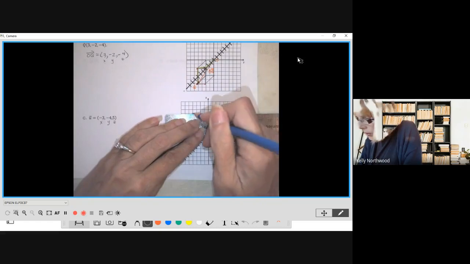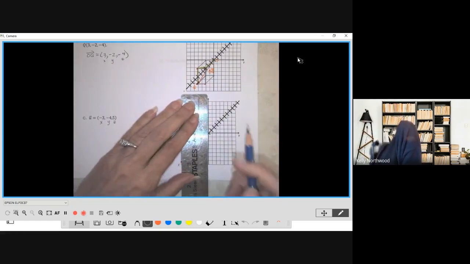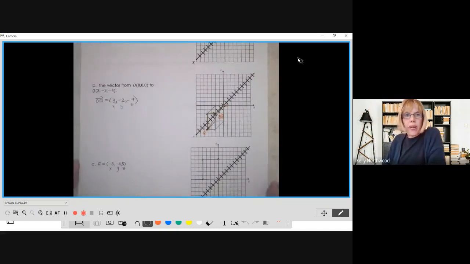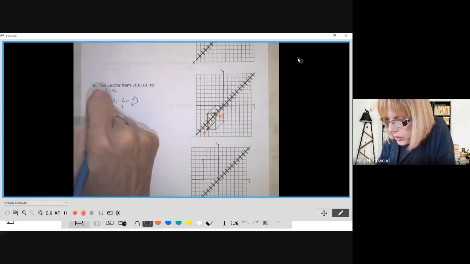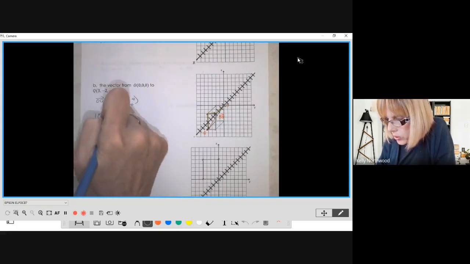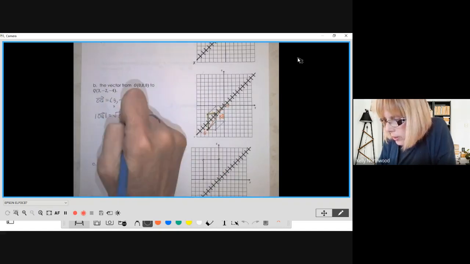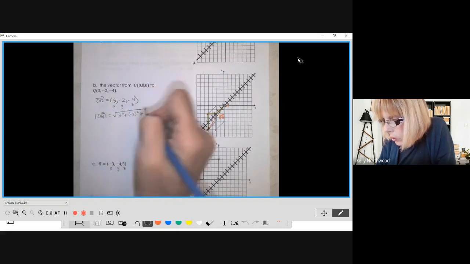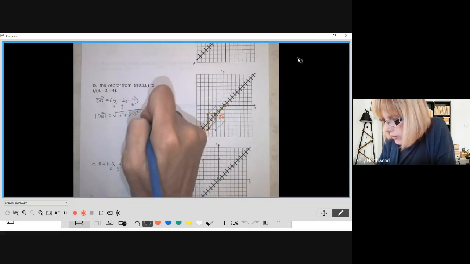Oh, you know what I forgot to do? I forgot to find the magnitude of the last vector, so I'm going to go back and do that after I've drawn this rectangle. Okay, so we need to find the magnitude of vector OQ, so you write that like this. The magnitude of vector OQ is equal to the square root of 3 squared. You could write -2 squared like this if you want, or if you know that squaring a negative number is going to give you a positive number, I'll do that for the z component.